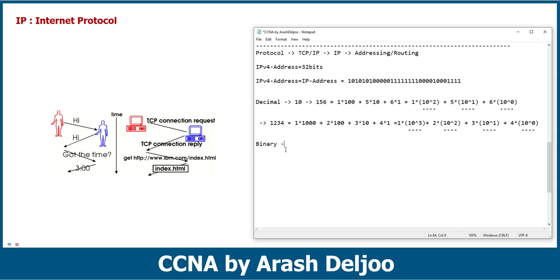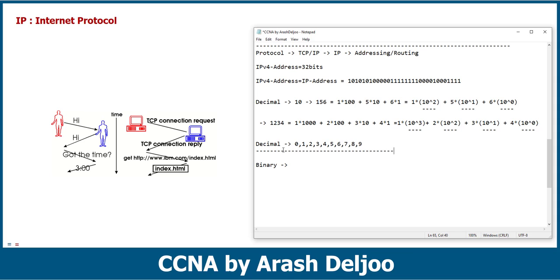In decimal value, let me write here, we are using these numbers: 0, 1, 2, 3, 4, 5, 6, 7, 8, and 9. These are the numbers that we can use in decimal.